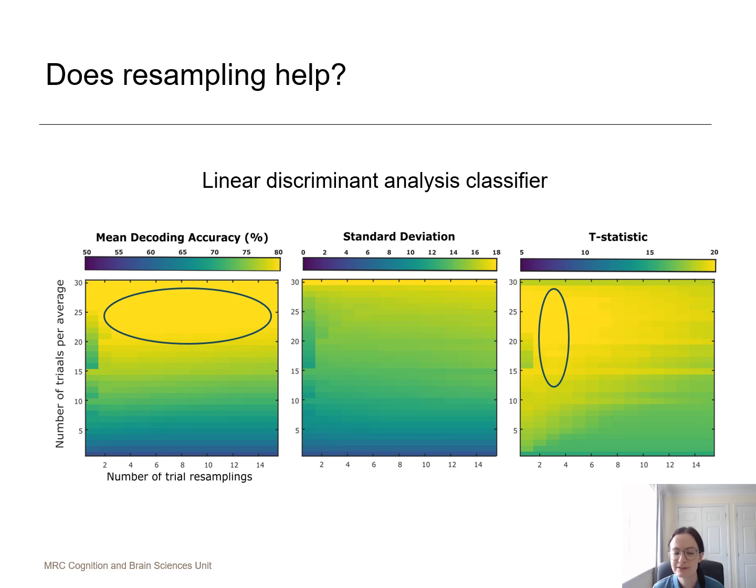Now coming on to a different classifier. As we saw before, in this case LDA seems to benefit from having few very clean trials, in the sense that it benefits from having many trials per average. However, again, the resampling doesn't really help you in terms of the t-statistic, and really you can be between 2 and 4 and have a good estimate of your effect.